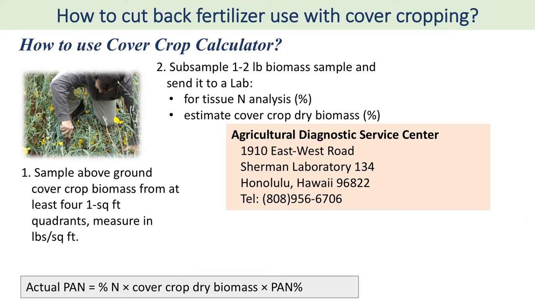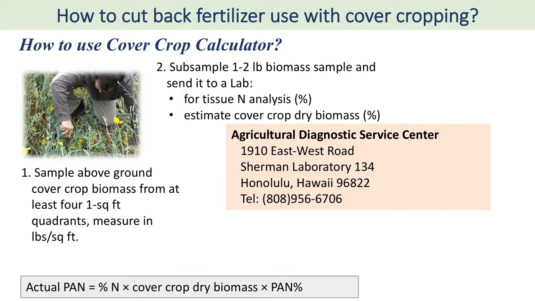One lab that you can send locally is Agricultural Diagnostic Service Center at UH. Then you can go to the cover crop calculator that is available at this website, and using the cover crop mineralization rates to estimate how much return of plant available nitrogen can be generated from the cover crop you grow.